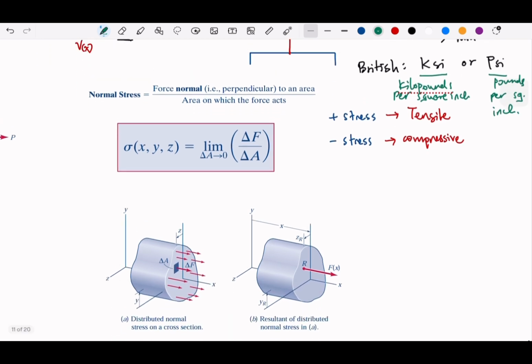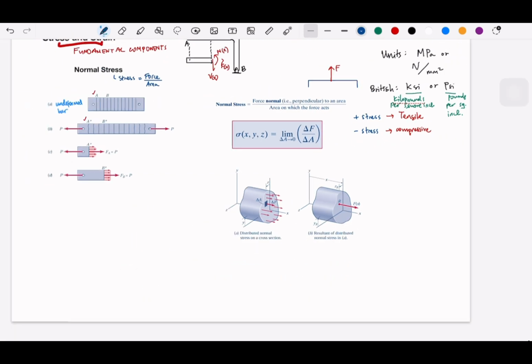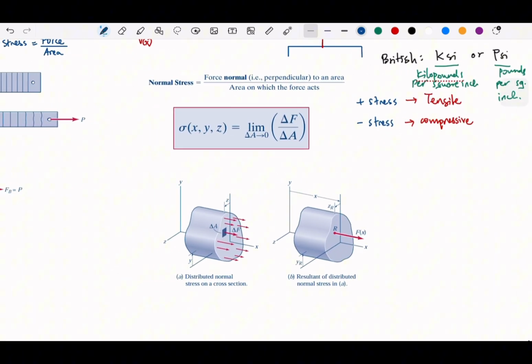Okay, and then within this distributed stress, we can also write an average value.